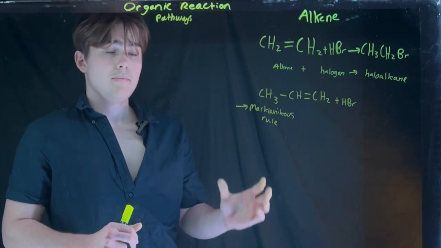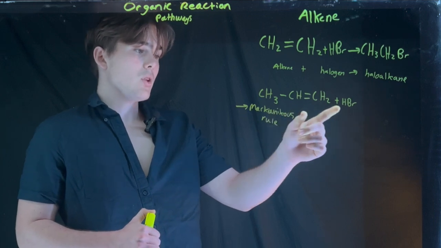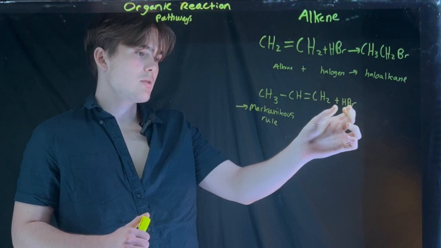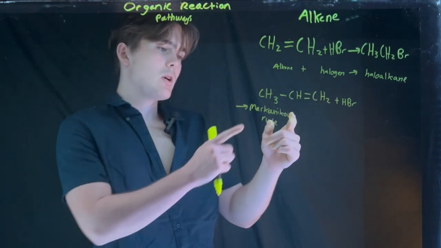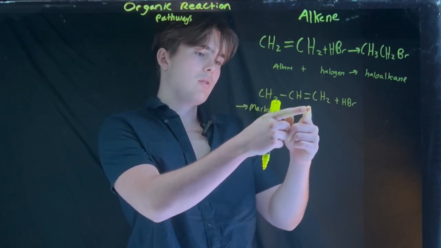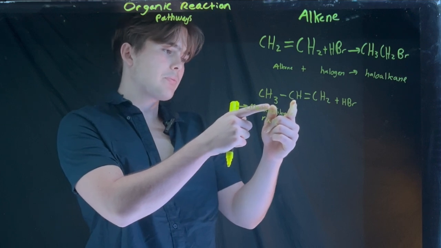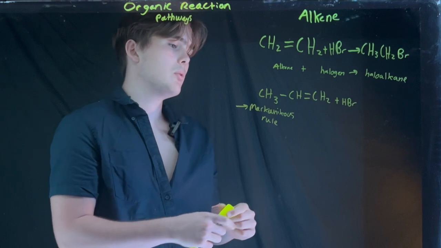All right, so we're having a look at this molecule here. The hydrogen and the bromine are going to react with this part of propene and try to separate this double bond. So the hydrogen is going to join to either this part or this part of the molecule.